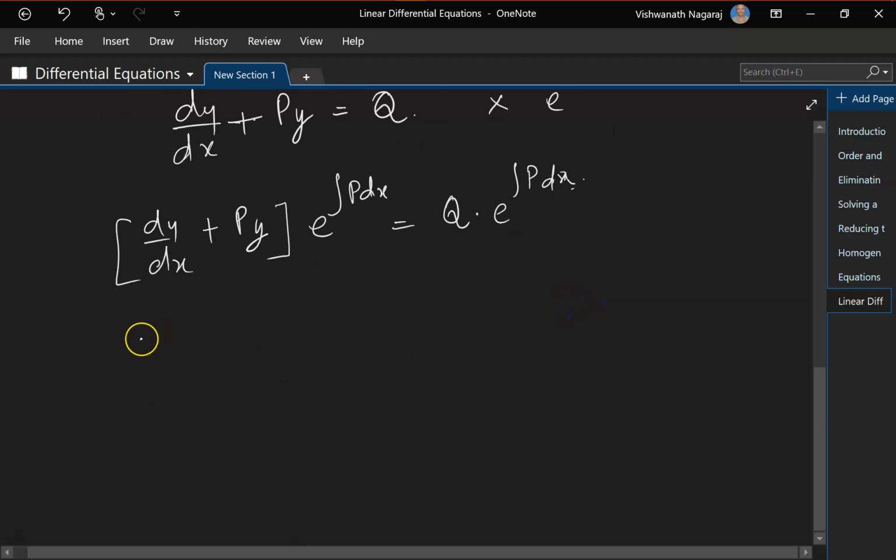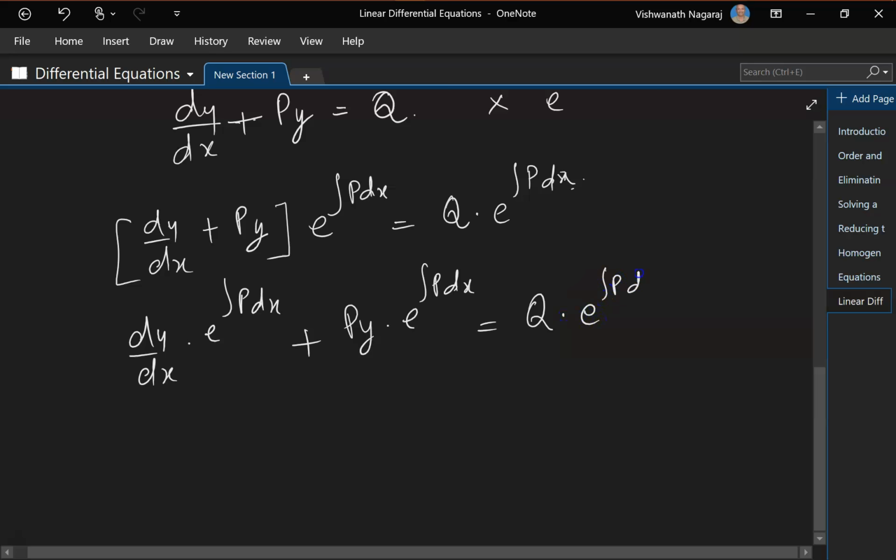Let's distribute this: dy by dx times e to the power of integral of p dx plus py times e to the power of integral of p dx is equal to q times e to the power of integral of p dx.